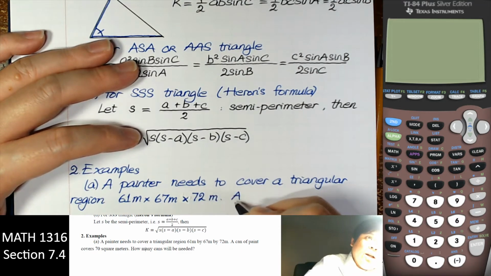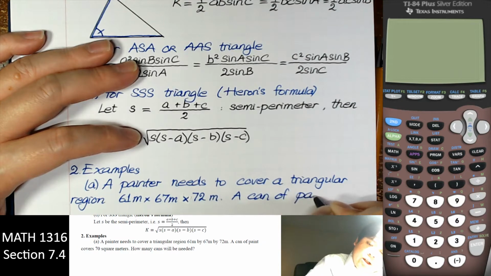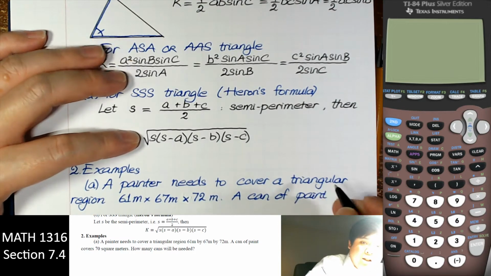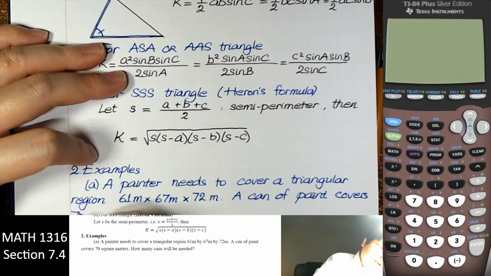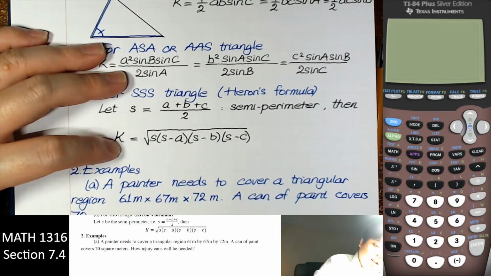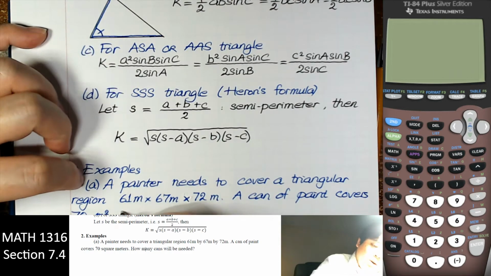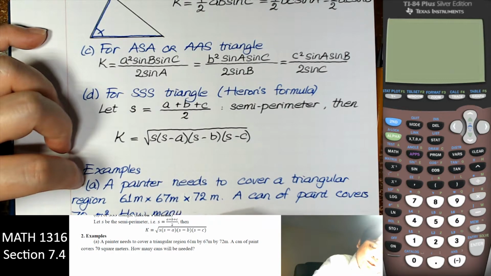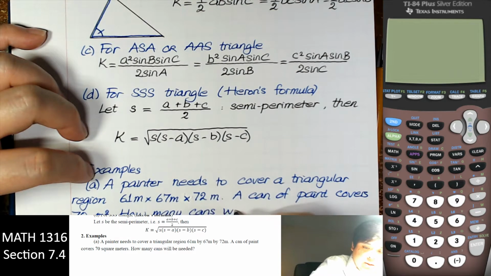Now, a can of paint covers 70 square meters. How many cans will be needed?